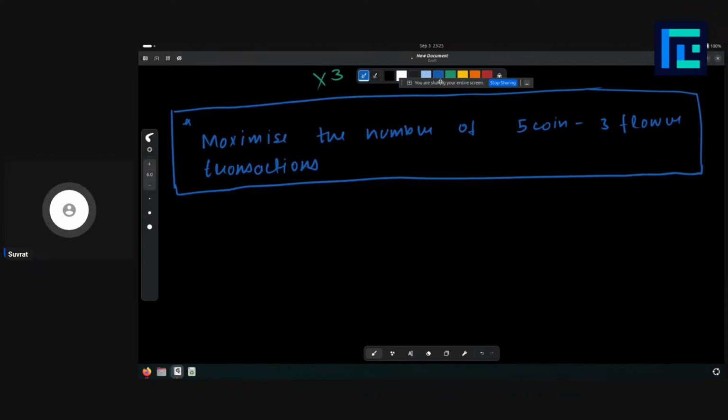One way to solve this problem would be simply running a for loop, a equal to 1 till a is less than or equal to n by 3, a plus plus. If n minus a into 3 is odd, then continue.